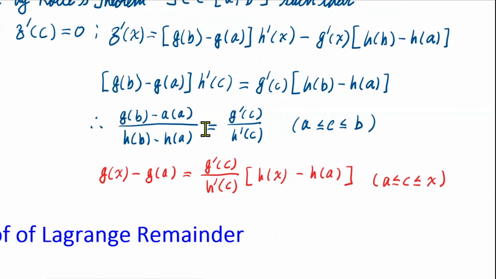So if you buy this, I just multiply this denominator to the other side and then replace b with x, so it becomes a function. Since the c was between a and b, now my c is between a and x, and that sounds a little familiar. Lagrange error, c is between a and x. Good. Any question about Cauchy's theorem before we proceed?